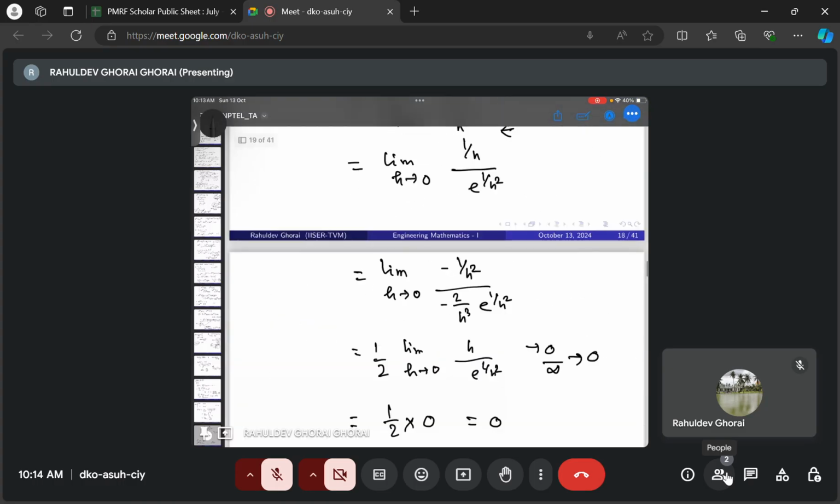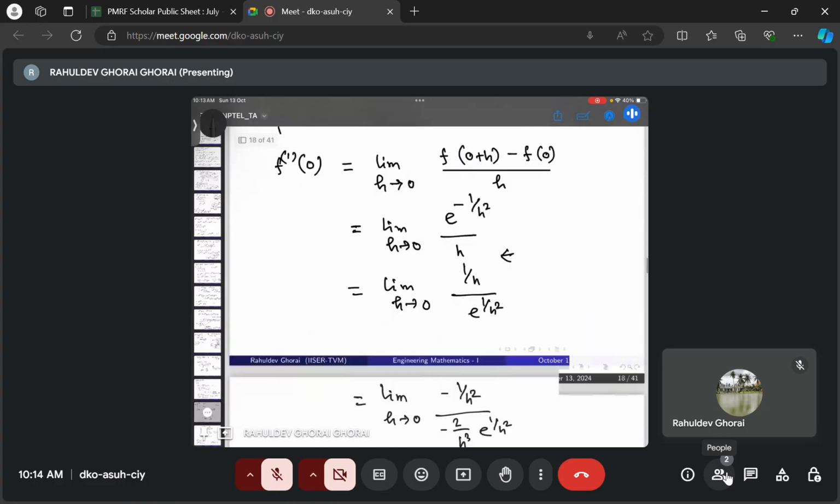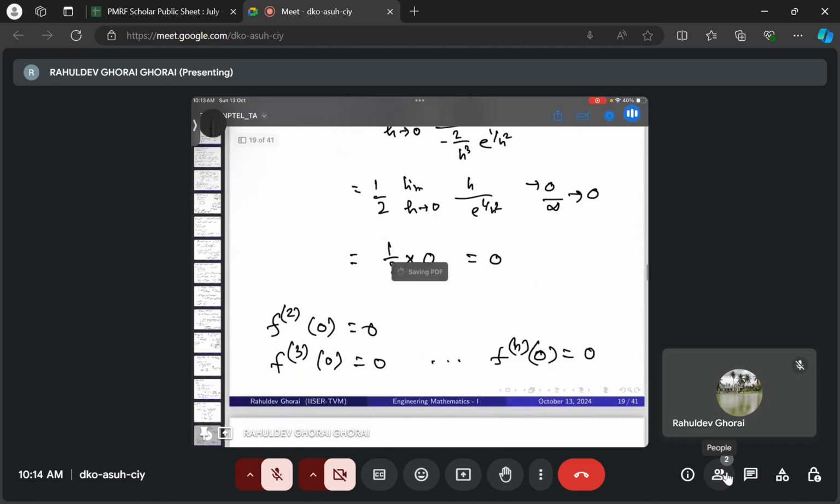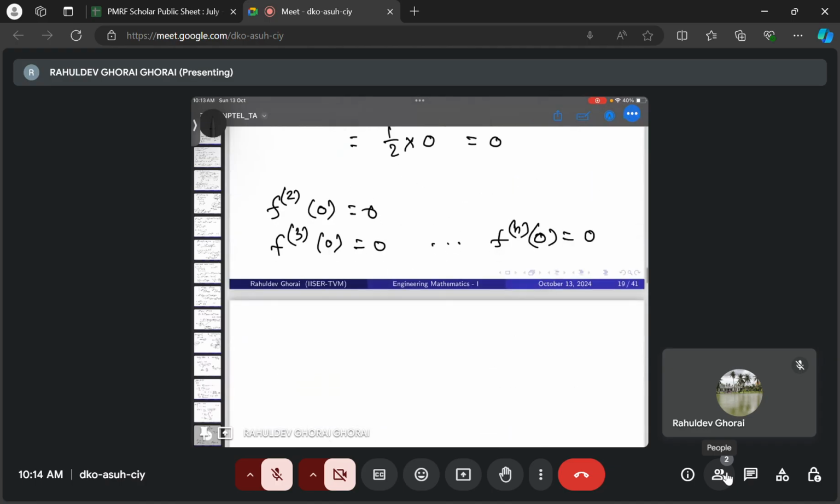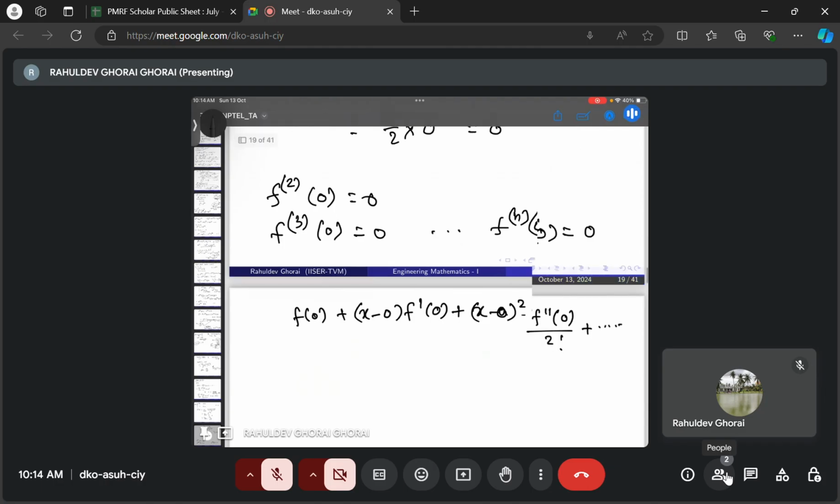So from the Taylor series expansion of the function, what can you write? f of 0 plus (x minus 0) times f dash of 0 over 1 factorial, plus (x minus 0) whole square times f double dash of 0 over 2 factorial, and it keeps going.